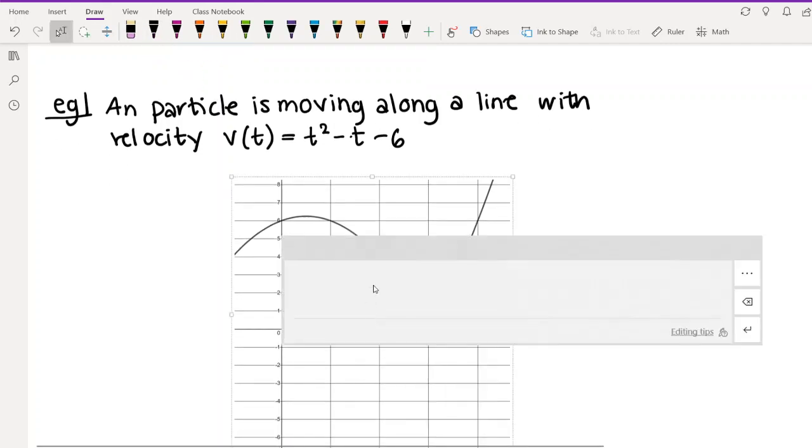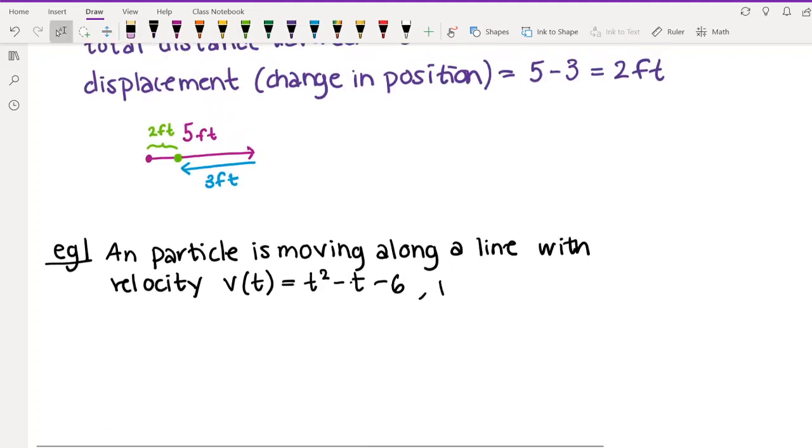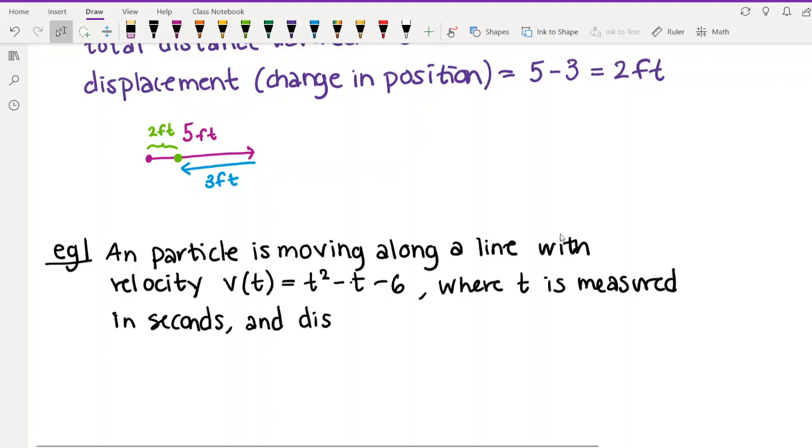Let's say that time is measured in seconds, and position is measured in meters. So the units for the velocity are meters per second.